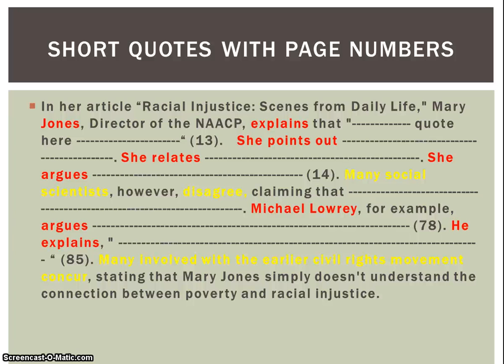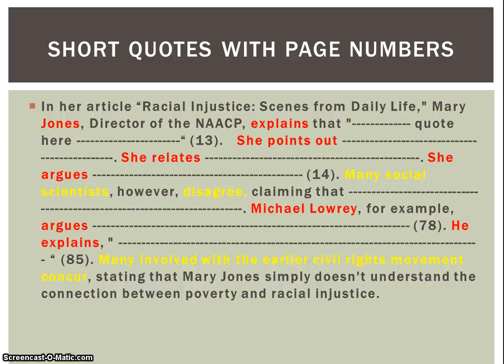So when I see Mary Jones explains that and have something inside quotation marks, I know that I must immediately cite it, which is why you see the 13 in parentheses there. And what that means is that information that's inside the quotation marks came from page 13 of Mary Jones's source. But then when I see she points out, she argues, she relates, and then she argues, and I don't see quotation marks, I know that all that's either summary or it's paraphrase.